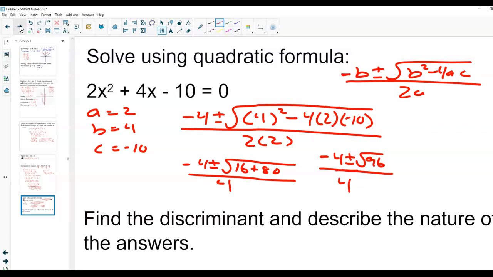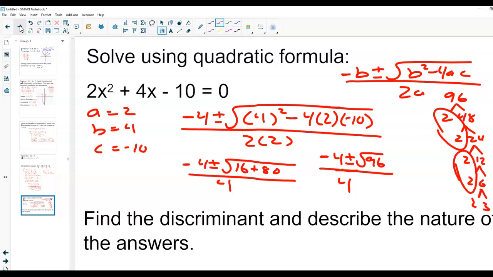Now, you do have to simplify a little more. I'm going to take this 96 and I'm going to break it down. 48, 24, 12, 6, 2 and 3. Pair of 2's, pair of 2's.